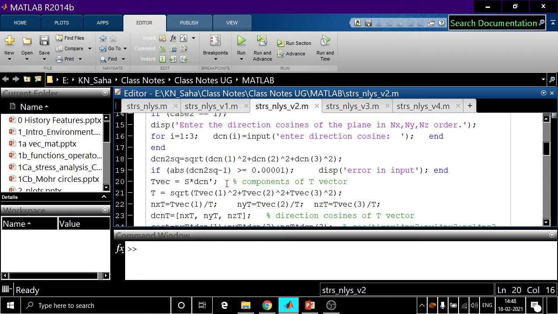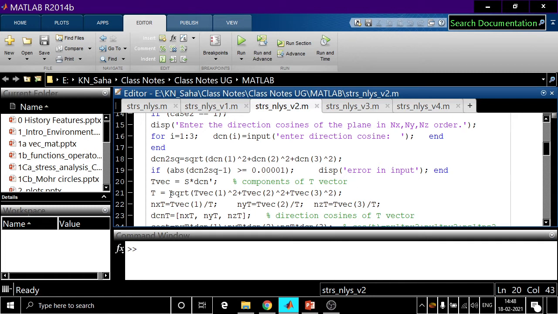This much we did, we calculated components of T vector. Then this is T. So this T vec, these are the components, and this capital T is the square root of the square sum of these components. So this is T.